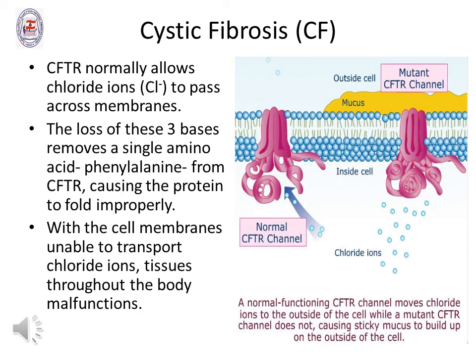The loss of these 3 bases will remove a single amino acid, phenylalanine, from CFTR, causing the protein to fold improperly. With the cell membranes unable to transport chloride ions, tissues throughout the body will malfunction.